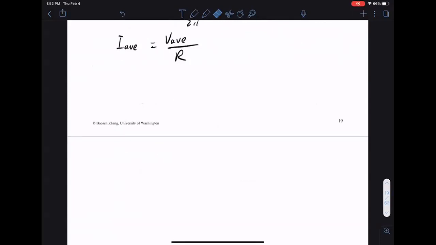Right, so is power, let's say, is that how we compute power? Do I just multiply the averages together?